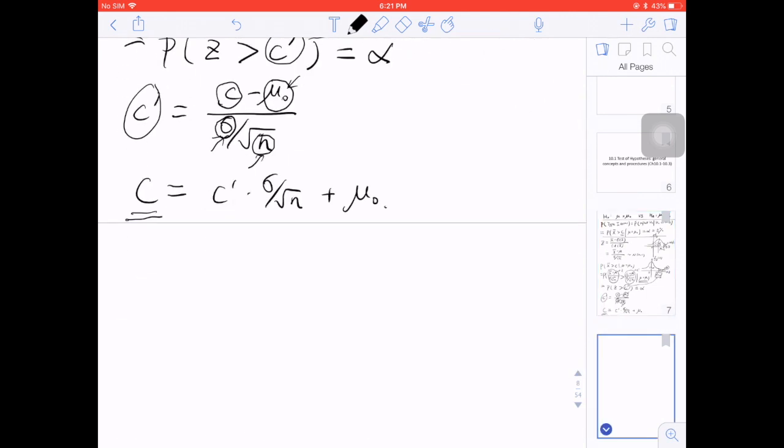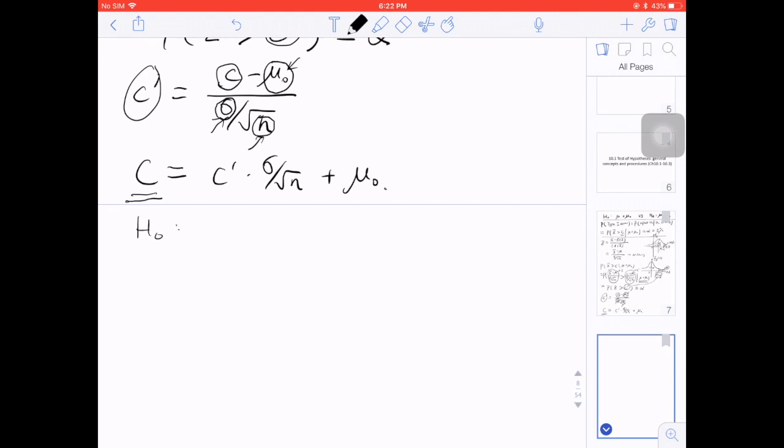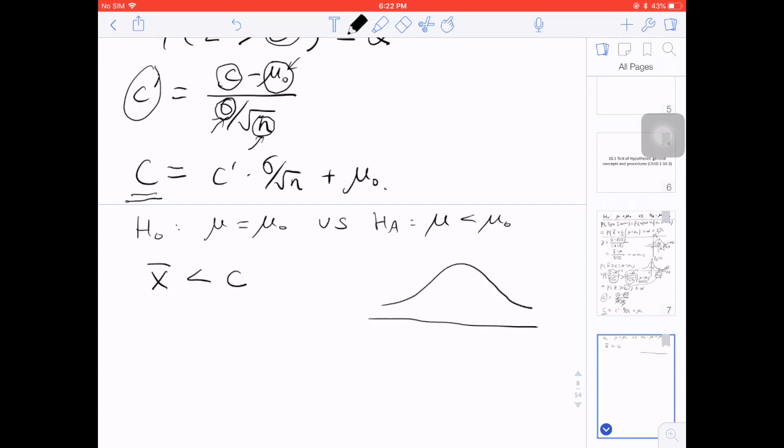And similarly, if your hypothesis is mu is equal to mu 0 versus mu is smaller than mu 0. So equivalently, you need to find the rejection region as X bar is smaller than C. Okay, so I'll draw a curve to let you know this.